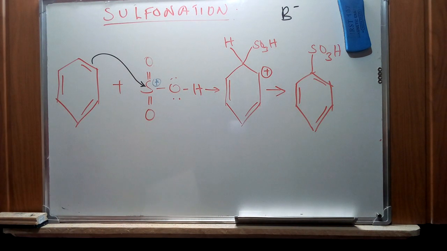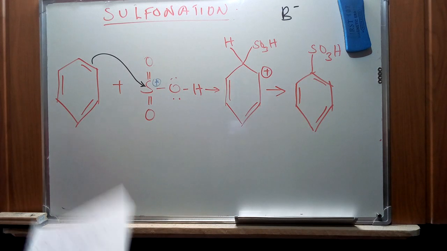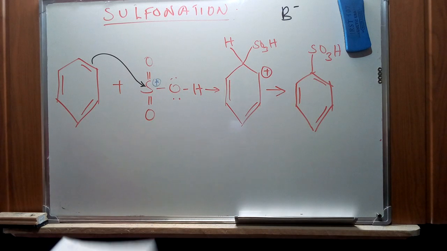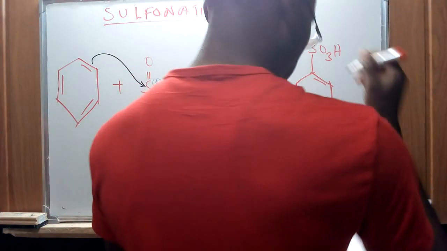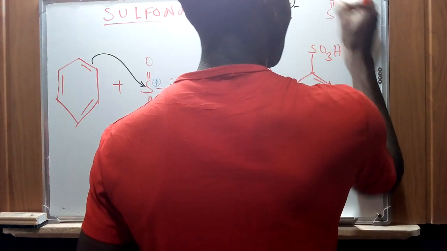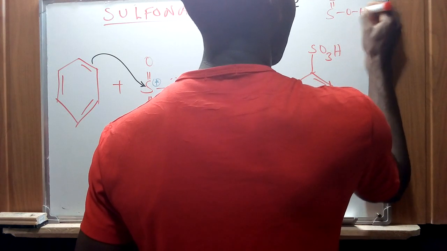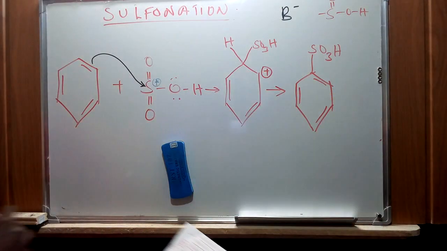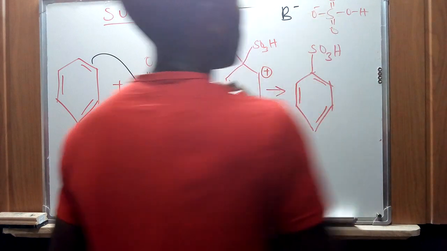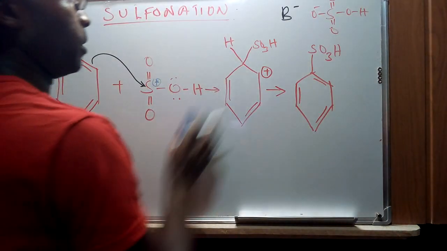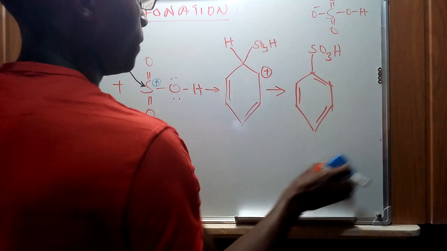Of course, as we were writing the products that were forming from the electrophile that I was drawing, there was a product of this nature that we have indicated, so this H, and then that point, and then that negative charge there. So I can just use that one as a nucleophile.